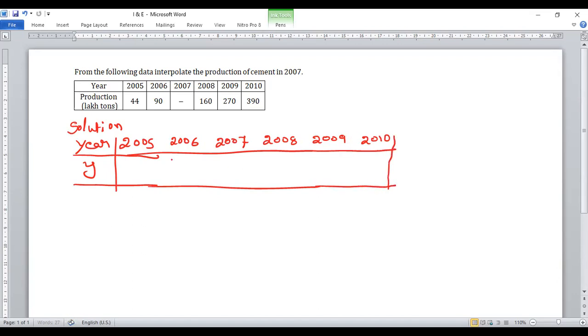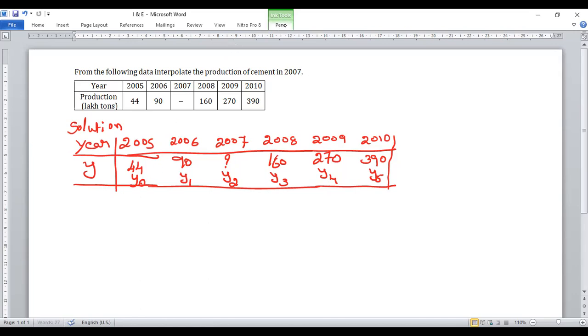Then the given values: 44, then 90, the missing value can be taken as a dash or question mark, then 160, then 270, and 390. Then here we need to give the notations. For the year 2005, the y variable is denoted as y0. The first value is taken as y0, then y1, y2, y3, y4, and y5. So here we start from y0, not from y1.